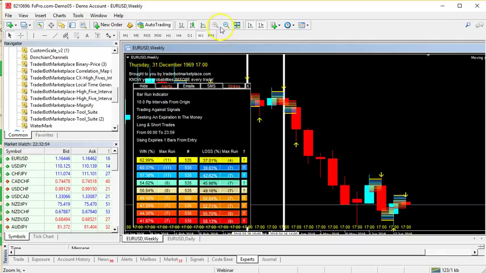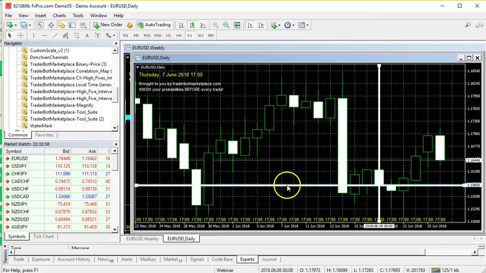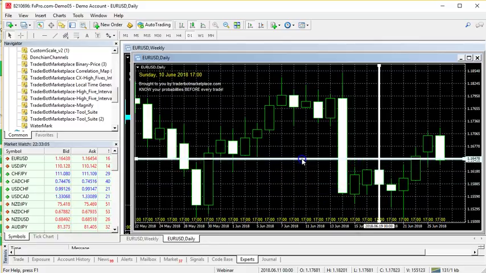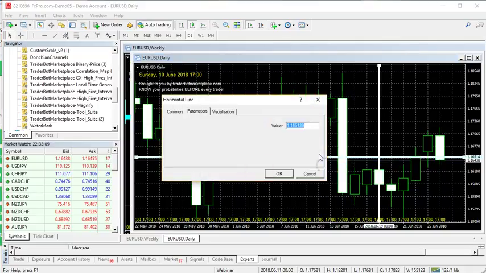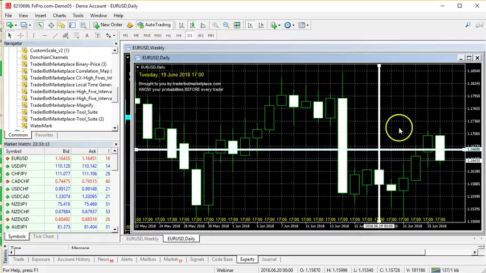Let's see where we stand. Let me put a price bar at 116.69. Okay, there's our sell point.